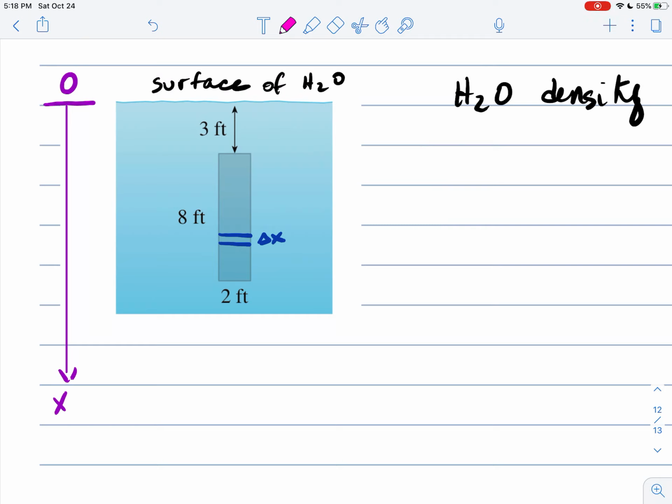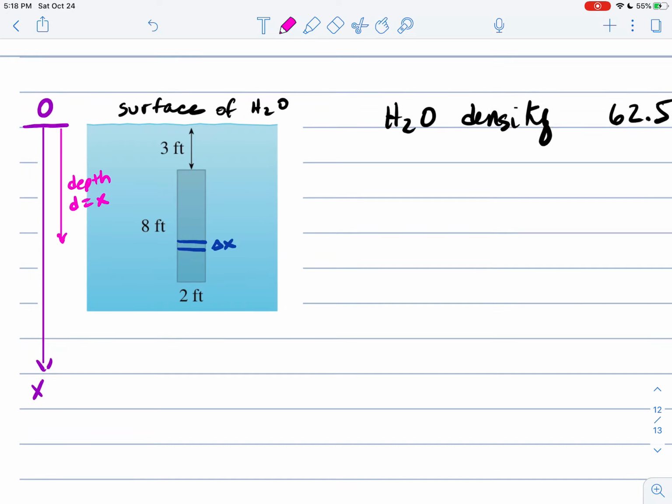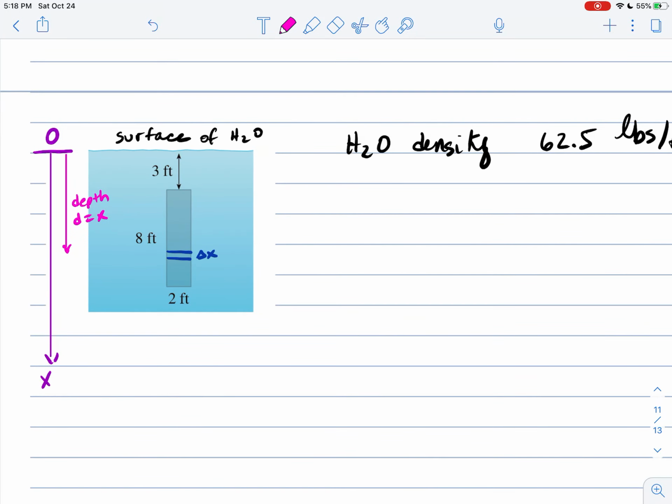I also know that the depth of my slice, the distance from 0 to my slice, my depth D, is just going to equal X, because if you start from position 0 and go out an arbitrary distance along an axis, it's just X. So I already have that expression for D, which is nice.